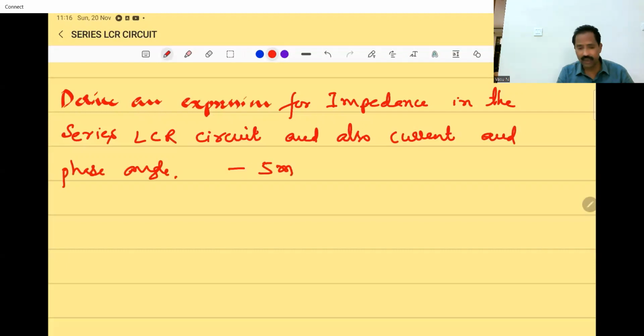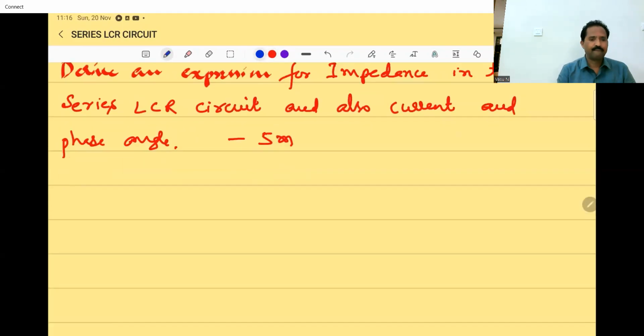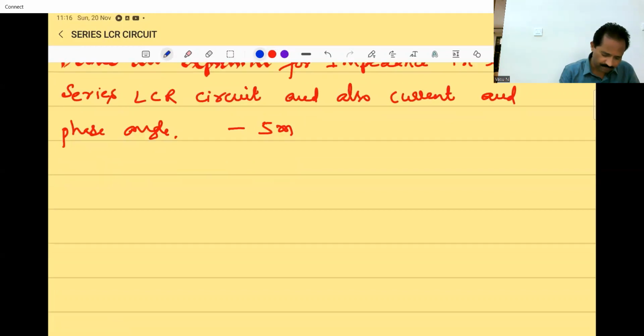Okay. Now let us derive that equation. We have to consider an inductance coil of inductance L, a capacitor of capacitance C, and a resistor of resistance R connected in series, shown in this figure.